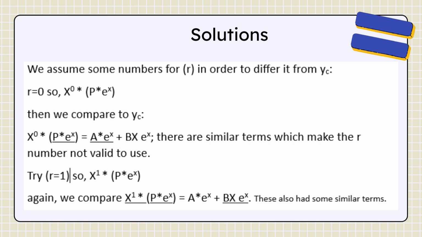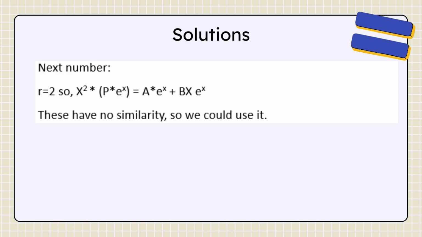So we continue to assume r equal to 2. After we assume that r equals 2, we find that the equation is not similar to the complementary function, and from this point we can continue to find yp, the particular integral.